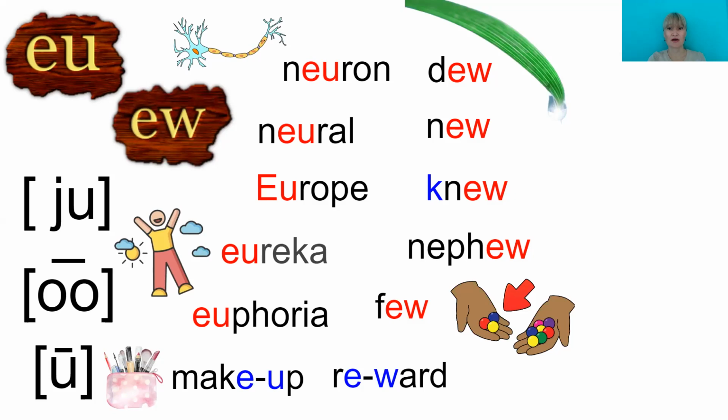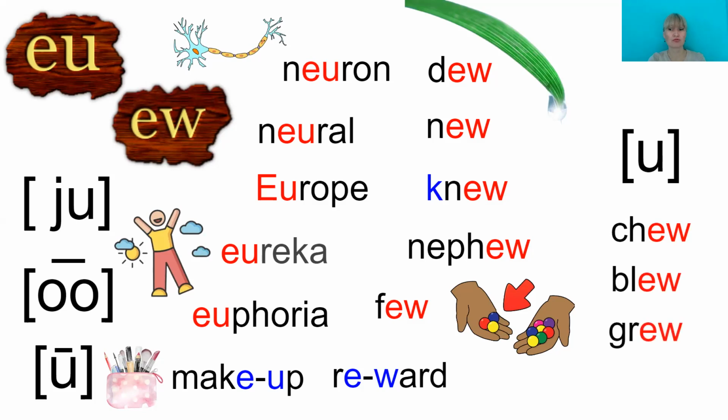And we are going to have a look just at one more thing, that sometimes you can also read these two digraphs differently, like in chew, or like in blue, or grew, or pseudoscience. Еще одно очень заморочистое слово, греческое пришло к нам, но оно знакомо русскоговорящим наверняка, псевдонаука. Псевдо слово, pseudo. Again, this is just for your information.